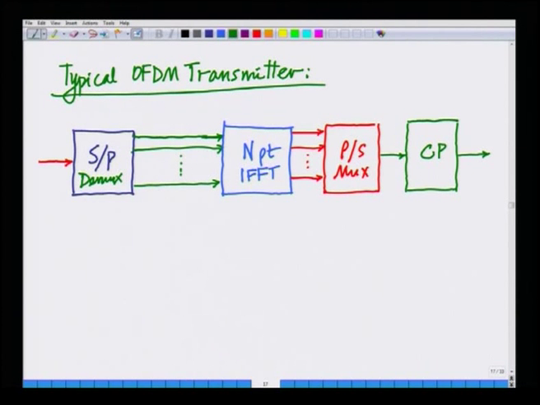And we are saying this N-point IFFT, the inverse fast Fourier transform operation, is creating a problem because it results in the signal having high PAPR in OFDM, and we said this is a problem.